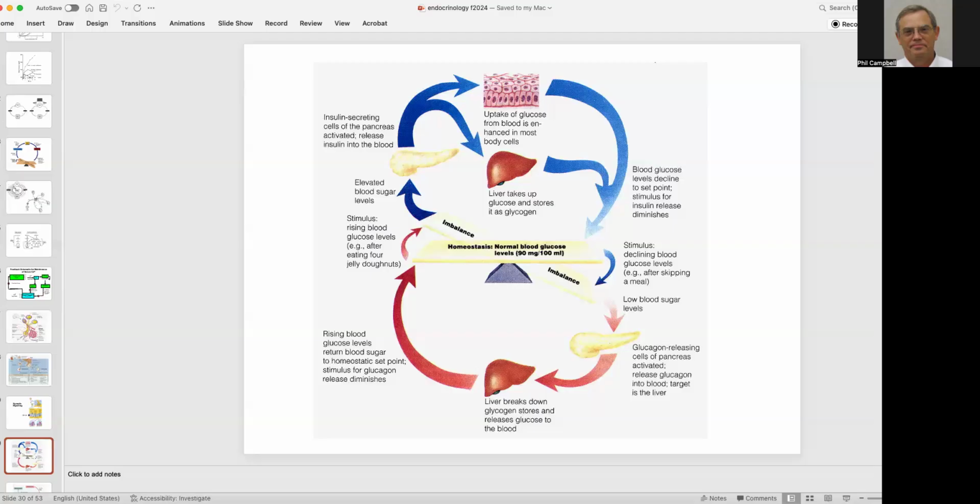All right? The role of insulin is one thing. In this context, it is to reduce glucose levels.